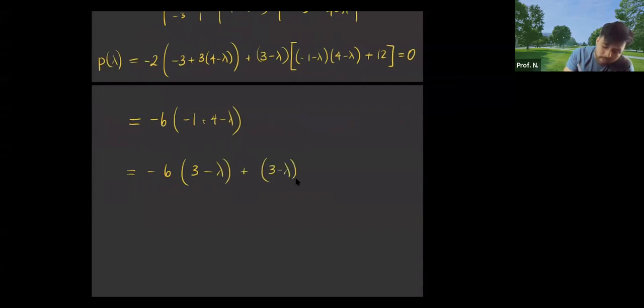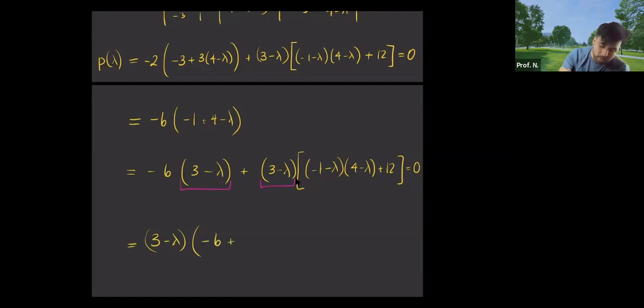Whenever you have a lot of these terms here, don't expand everything so quickly. Be a little more patient, because sometimes you notice ways to factor. Factoring helps, because now look at this. I can factor this 3 minus lambda from each term here, and I'm left with 3 minus lambda times -6 plus this whole thing, -1 minus lambda multiplied by 4 minus lambda, plus 12.